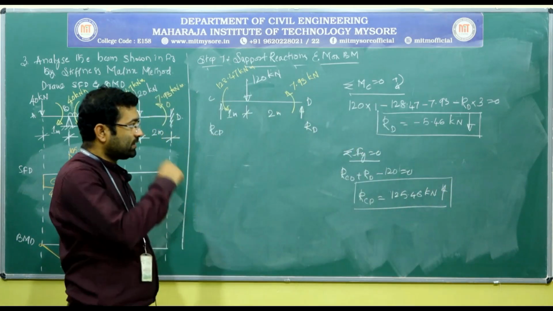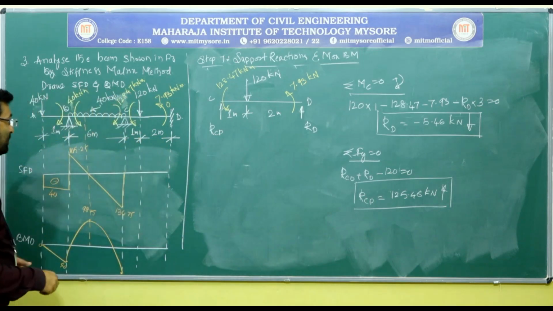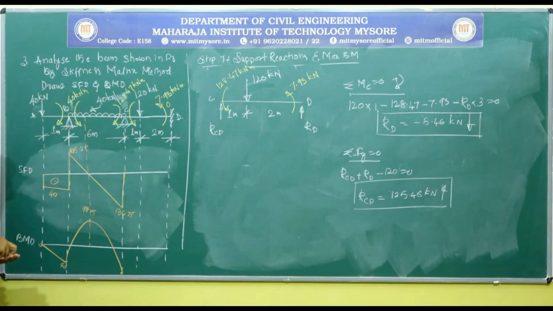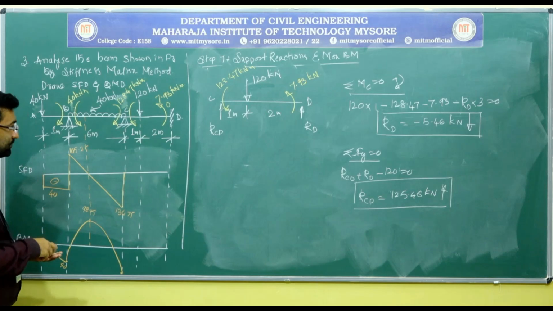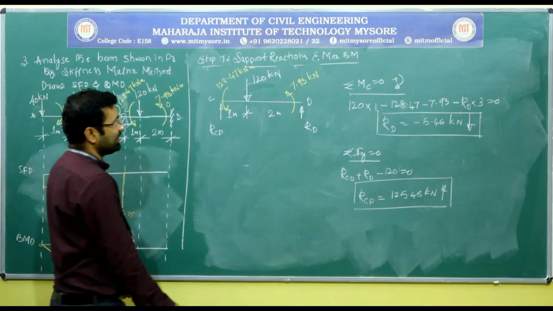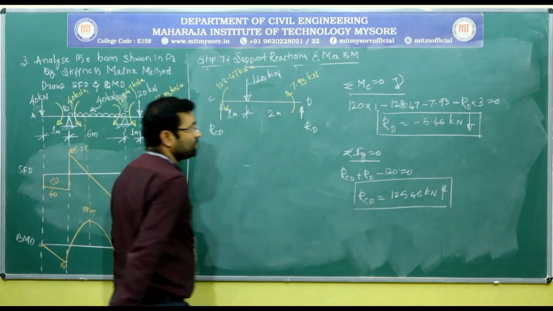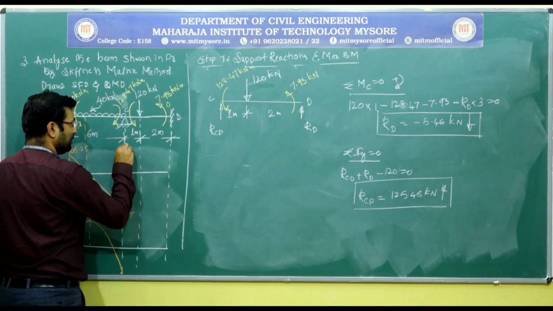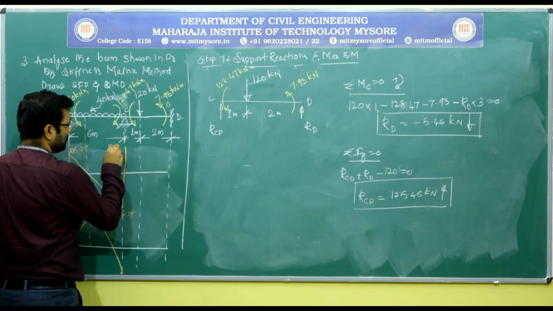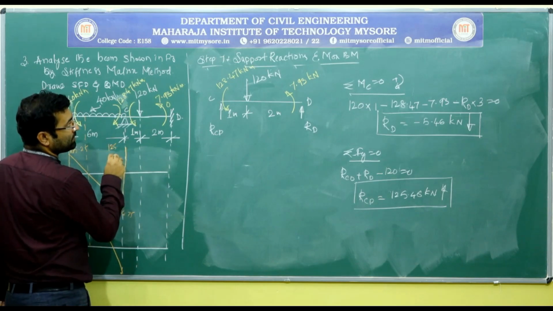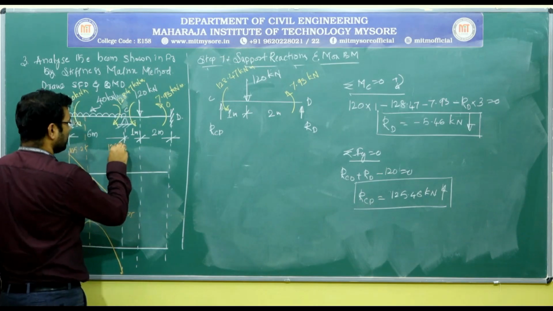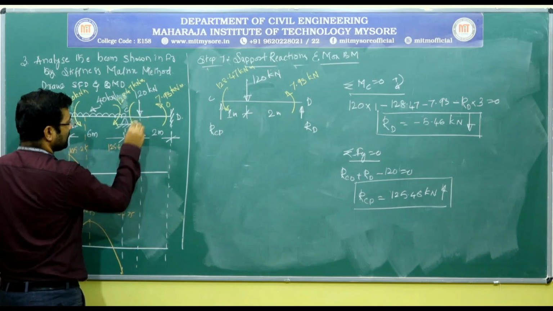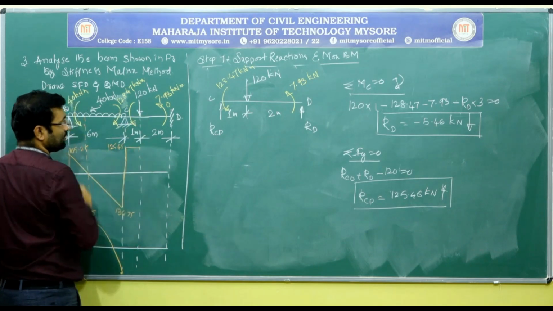So here we don't get a maximum positive bending moment, we will get the negative bending moment only. See here, the RCD, it is 125. So here if I take this vertically up to a value of 125.45, then from here to here we don't have any load, so maintain constant.